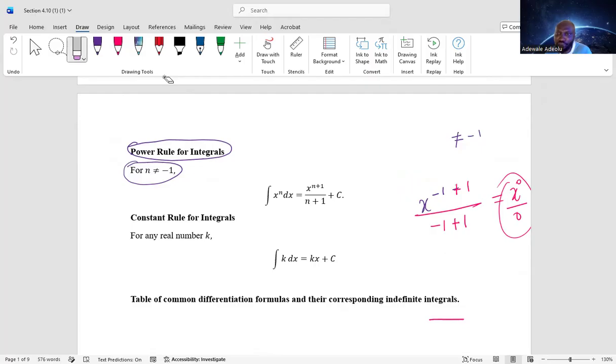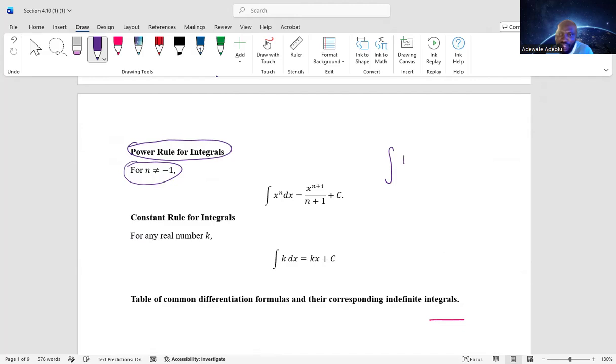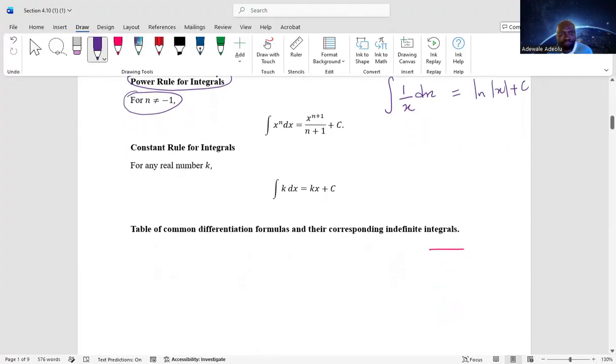That is why we do not want our n to be -1. So when we have this, the antiderivative is something like this. So you see, it is unique. I hope that makes sense.